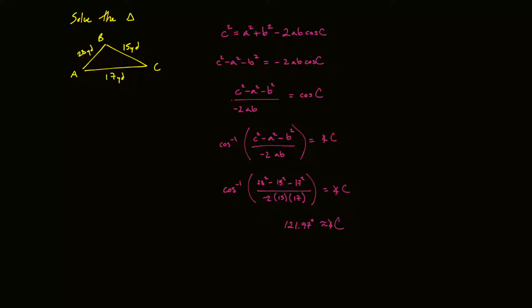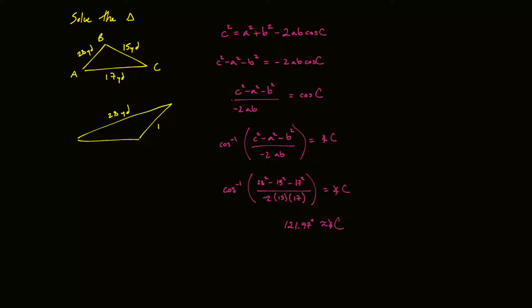So if you notice, my triangle is not set up correctly here. Probably should have moved around C to another one. I drew C as an acute angle. So let's see if I can redraw this really quick. Actually, let me draw it in yellow. 28 yards.